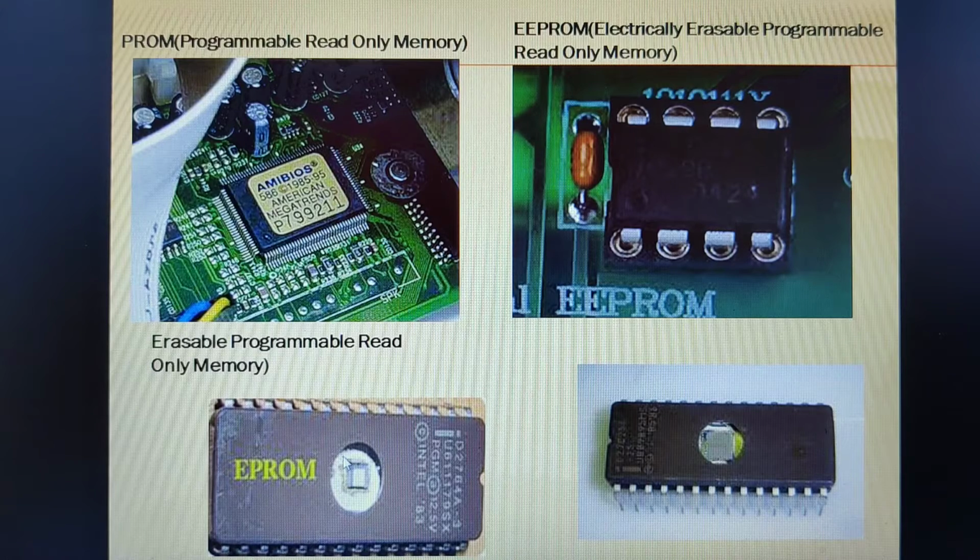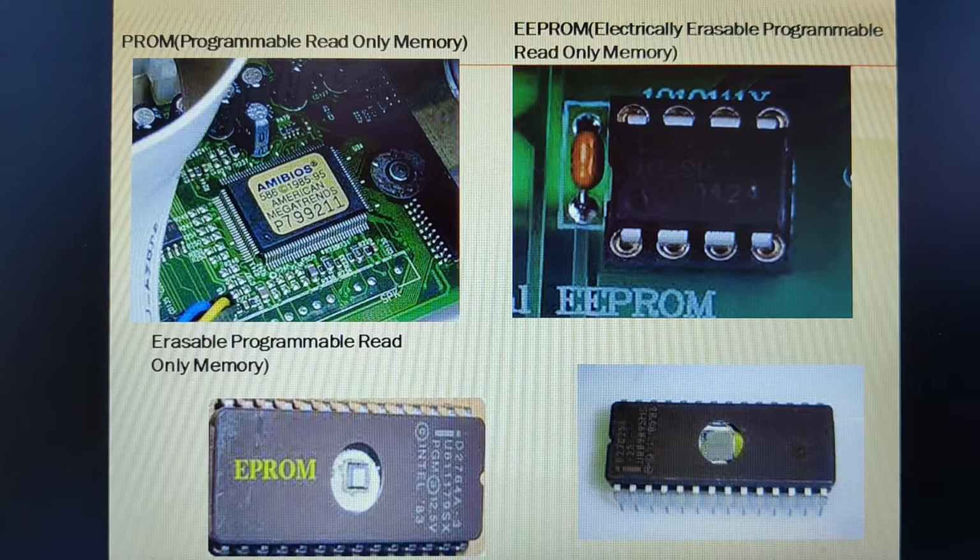Through the quartz crystal window, the violet light is passed in order to erase the contents. So this EPROM differs from PROM, where in case of PROM the contents are written only once and cannot be erased, whereas in EPROM by using the ultraviolet light we can erase the contents and reprogram it.